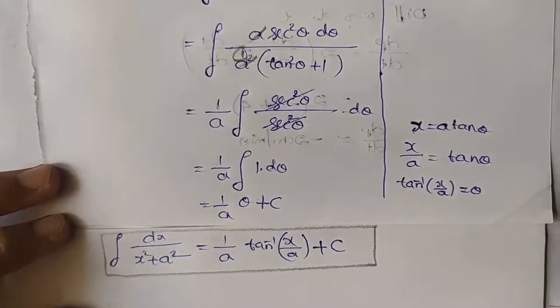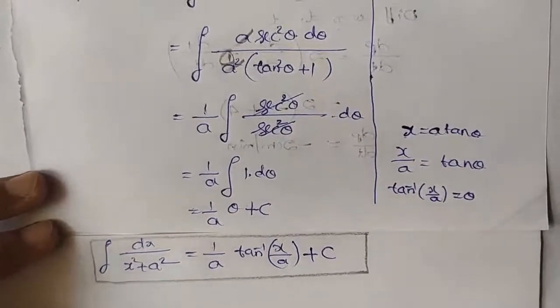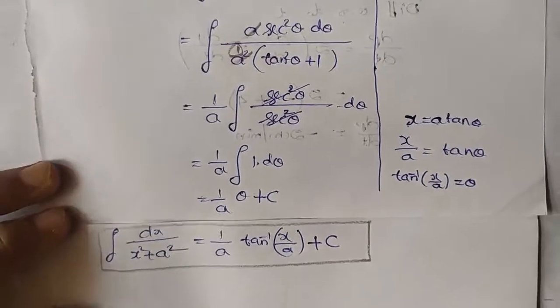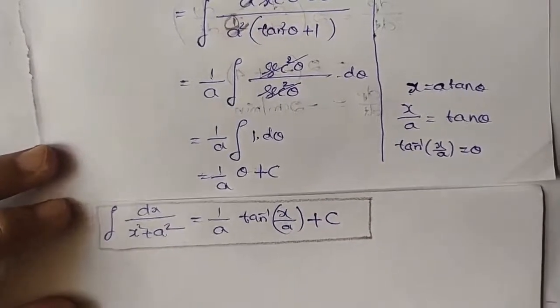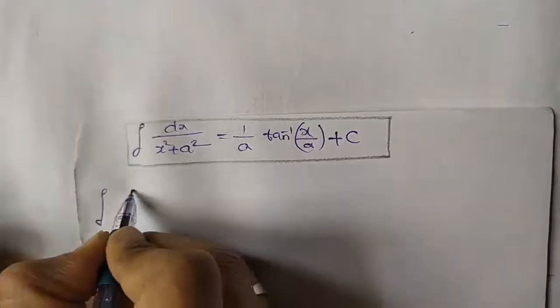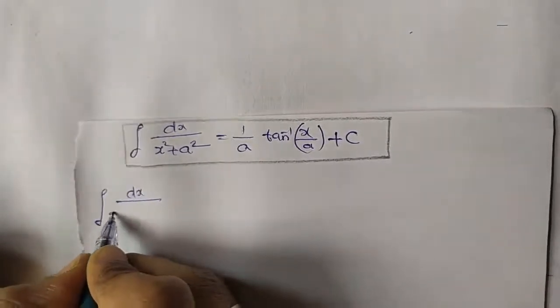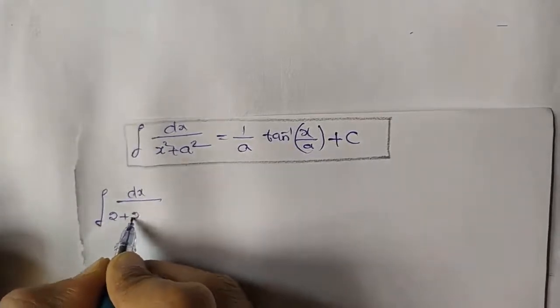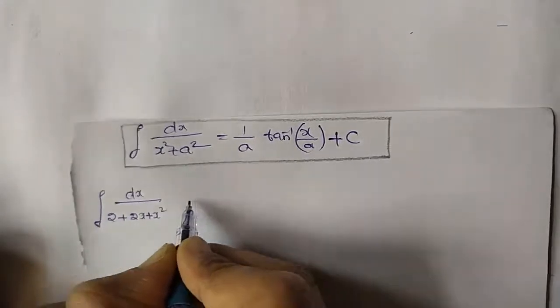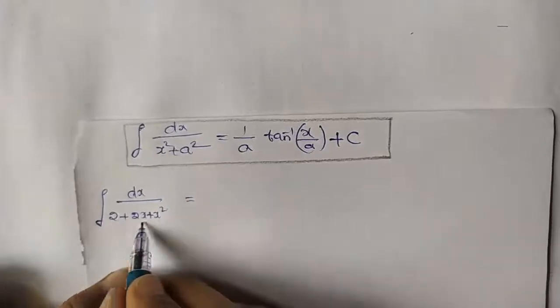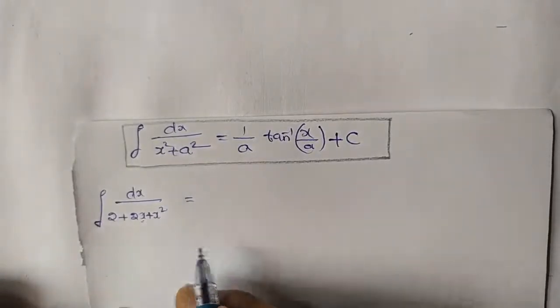And hence evaluate the integration of dx divided by 2 plus 2x plus x square. Let us write the denominator in the form of x square plus a square.